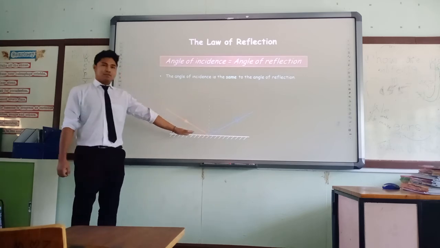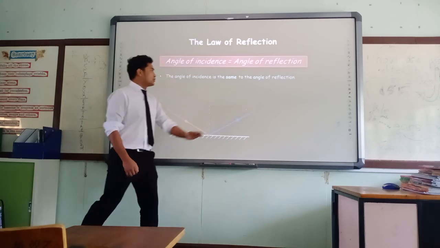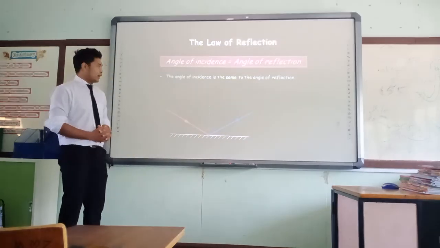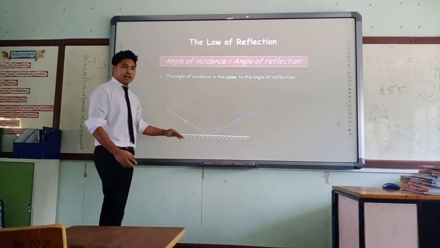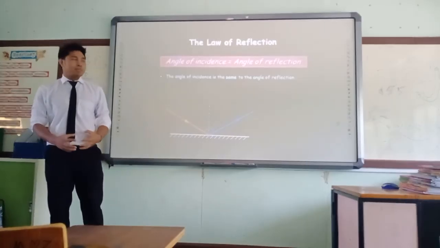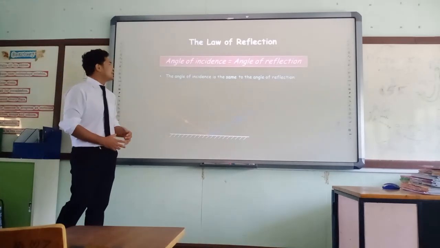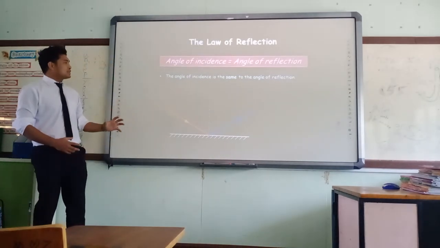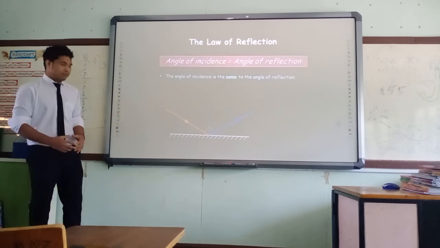It bounces off the flat surface mirror and bounces to the reflected ray. Look at the distance and the difference. They are the same. That's why the law of reflection says the angle of incidence is the same as the angle of reflection.